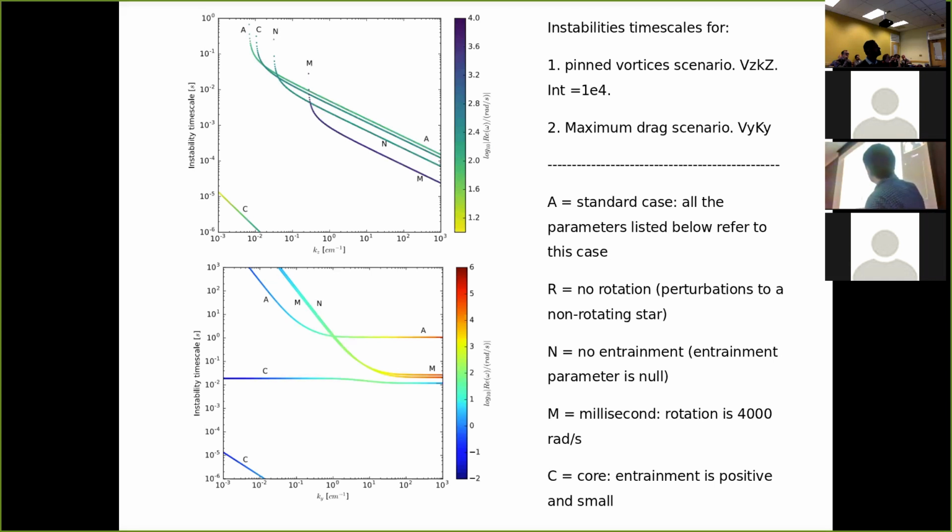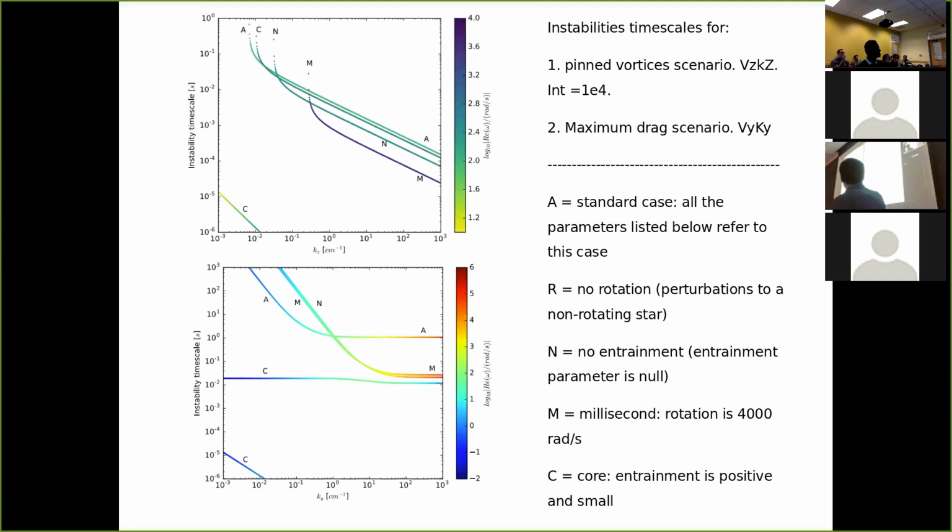A lot of different setups are shown here. For example, the standard case when we include rotation, entrainment, and so on. Also we consider the setup with the core when the entrainment is positive and small. And this one is for the maximum drag scenario.